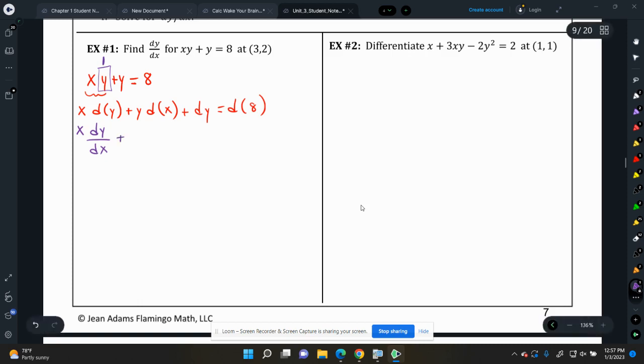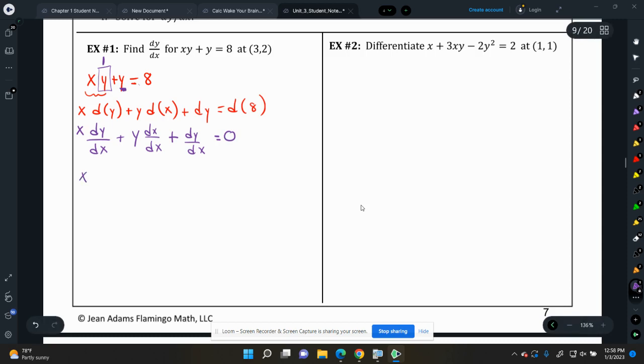Plus y times the derivative of x, which is 1 dx dx, the derivative of x with respect to x, plus the derivative of y, which again is 1 dy dx, equals the derivative of 8, which is 0.